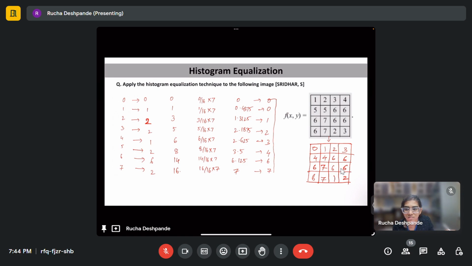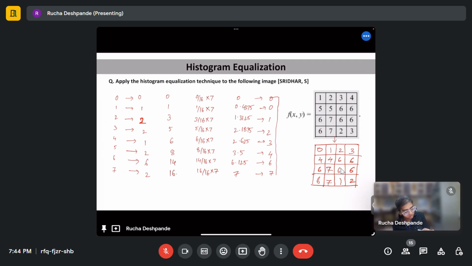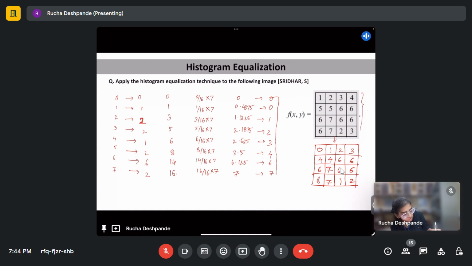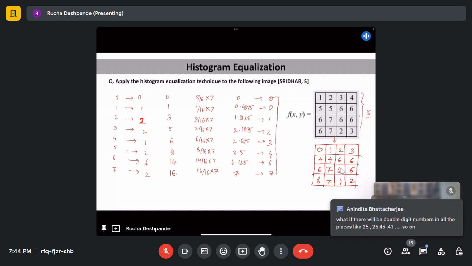So the total number of pixels we had taken was 64. Now here we have 16 only. And the 7 is because it's a 3-bit image, so this will give the range from 0 to 7.